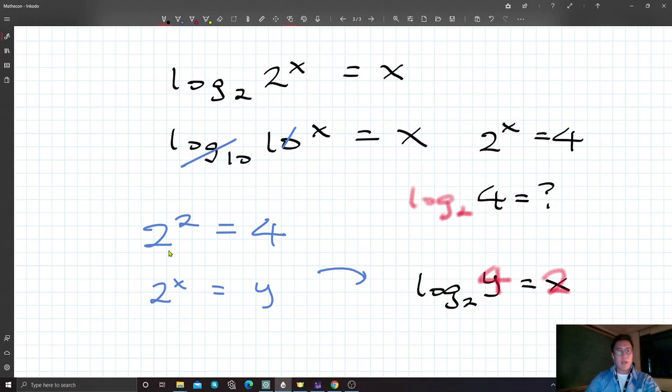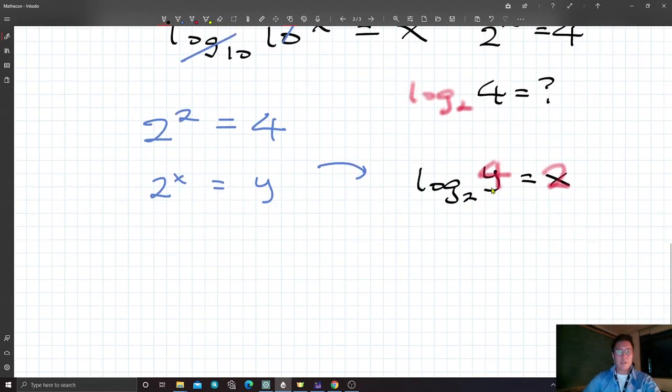The way to compute the exponential function is immediate, right? 2 squared is 4. And the way to interpret the logarithm with the base 2, no matter what the base is, is this: if we want to evaluate the log with the base 2 of 4, that means 2 to what power gives us number 4.